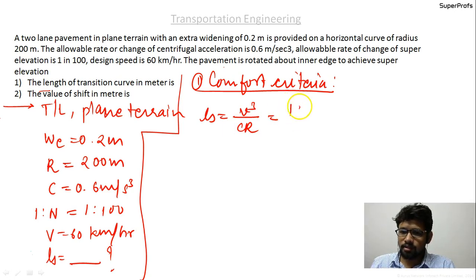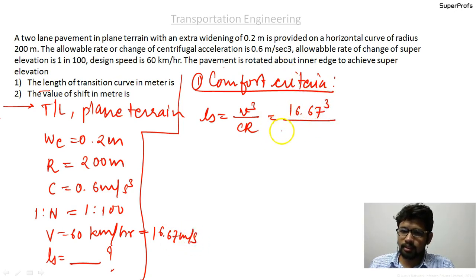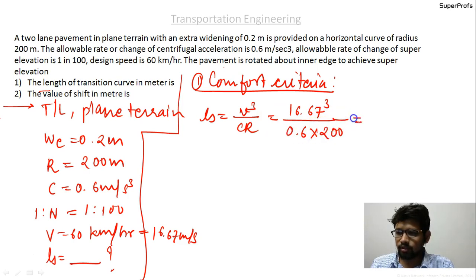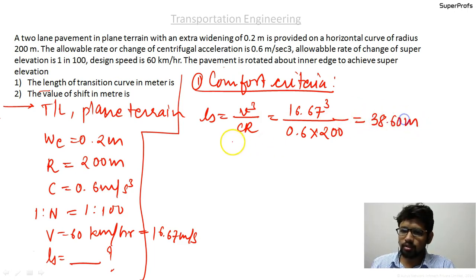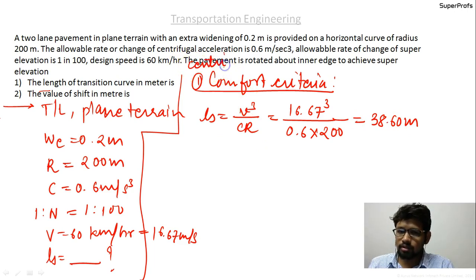The velocity converted into meters per second is 16.67 meters per second. So 16.67 cube upon 0.6 into R, the radius equal to 200, is equal to 38.60 meters. So from the centrifugal comfort criteria, the length of transition curve is 38.60 meters.